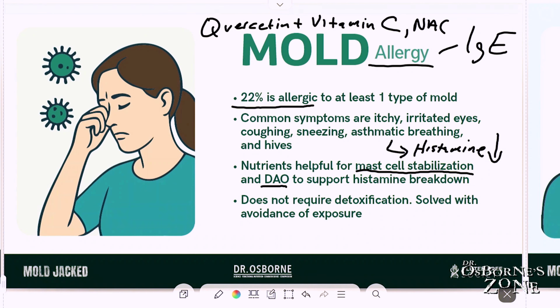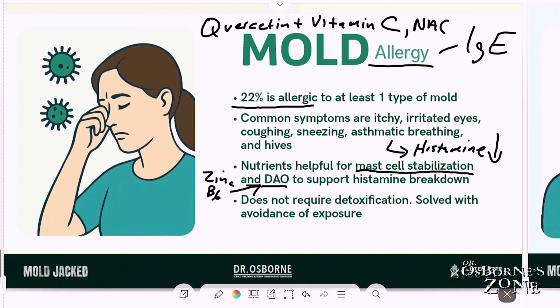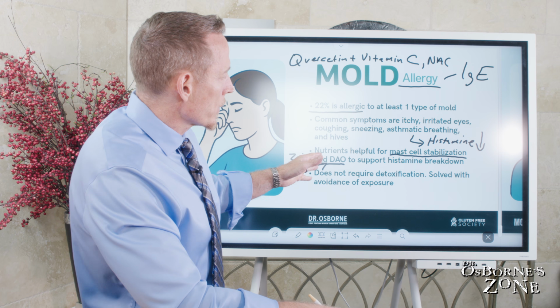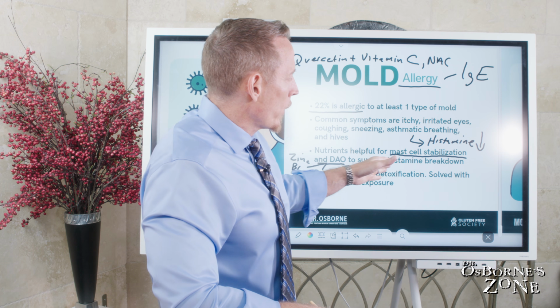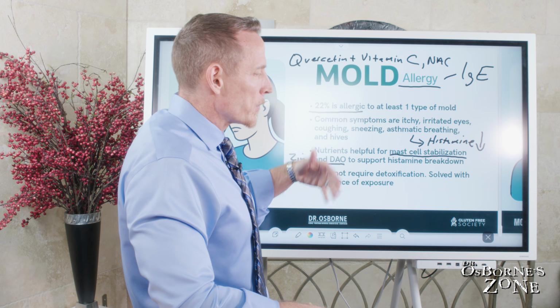Now you need things like zinc and vitamin B6 in there. So nutritionally, making sure you have adequate quantities of that nutrient pair, but also you want to get to the bottom of why your body's not breaking it down ultimately, which in many cases is mold exposure.